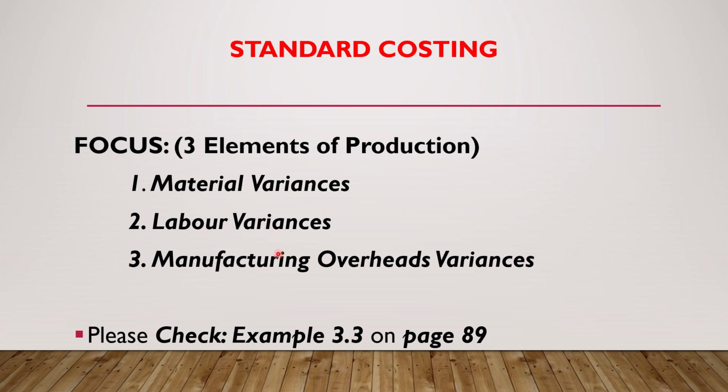On the next slide, we are going to start with material and do the calculation concerning material. These are formulas we are going to use, guys. And on the slide after that one, we are going to deal with labor variances, and then lastly we are going to deal with manufacturing overhead variances.